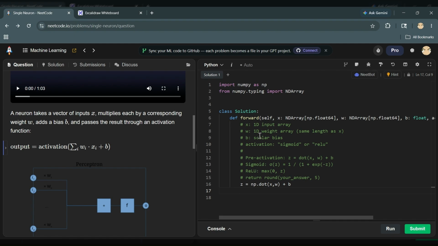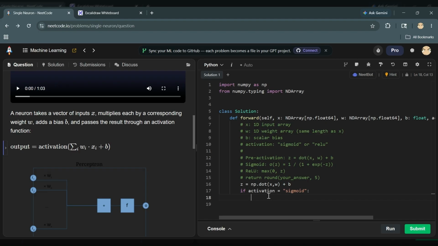And here the problem has some sort of string that says sigmoid or relu, and if the activation is sigmoid, we'll apply the sigmoid function. That will be 1 divided by 1 plus e to the power minus z. That will be the exponential power minus z.